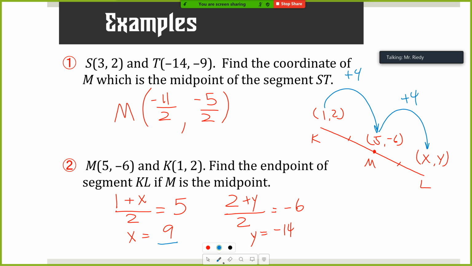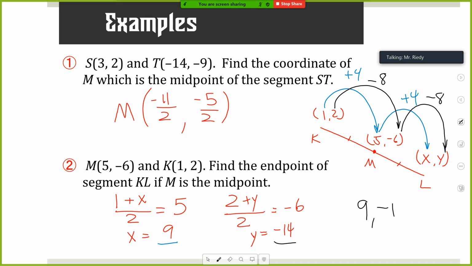What did I do to go from 2 to negative 6? I subtracted 8. Therefore, I subtract 8 again. Negative 6 minus 8, negative 14. 9 comma negative 14. We're talking about points, so it should be in parentheses.